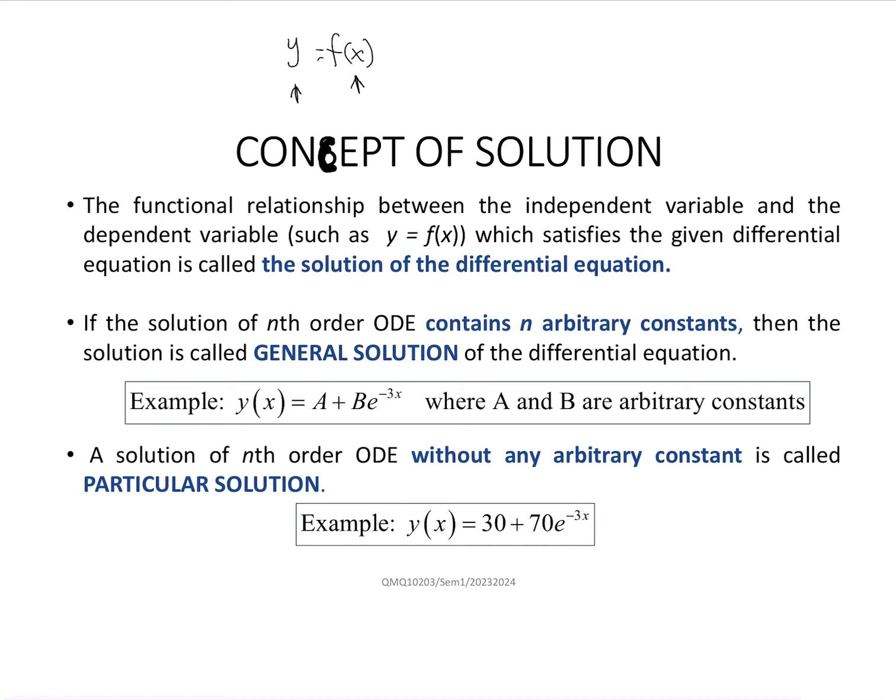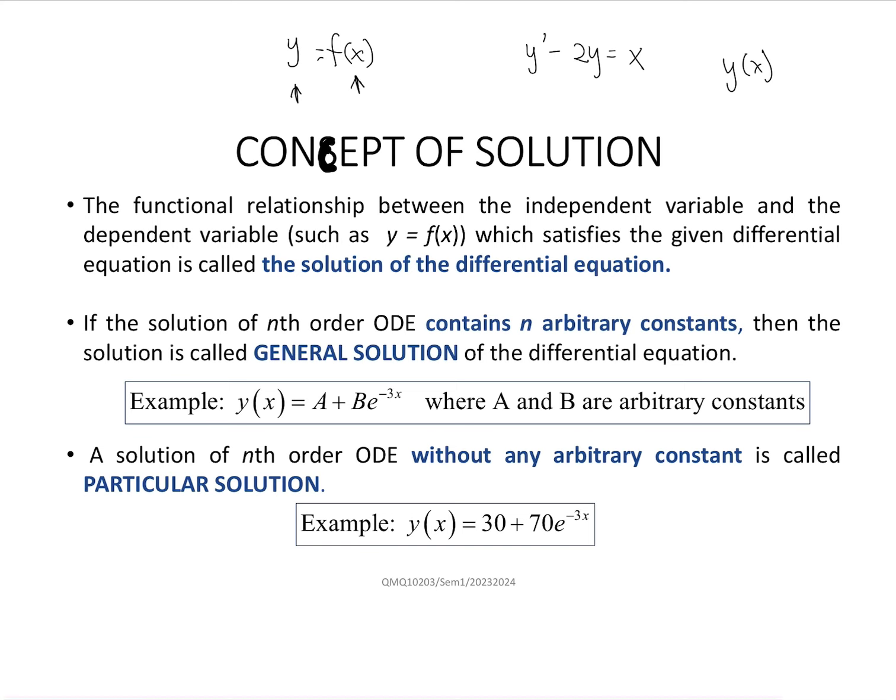If this function satisfies the given differential equation, let's say we have a differential equation y prime minus 2y equal to x, and then we are given a function yx.